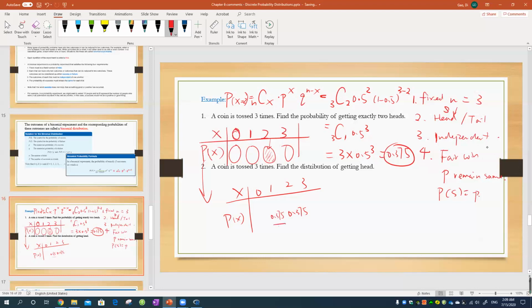So we can calculate this, use the same formula. But we did this before, so we can just write down the answer. 0.125, 0.125. And then add up together, you get sum equals 1. This is the binomial distribution.